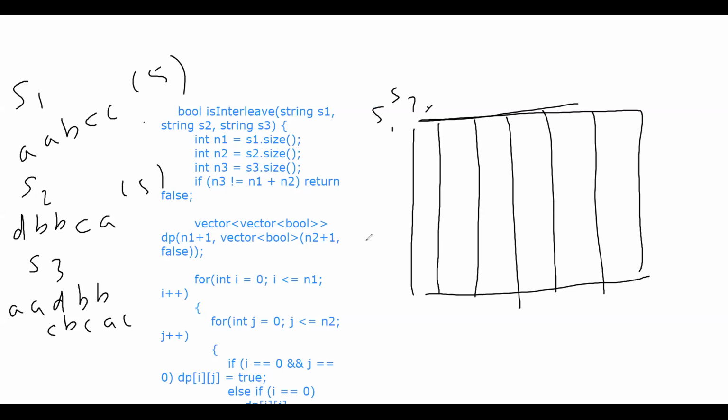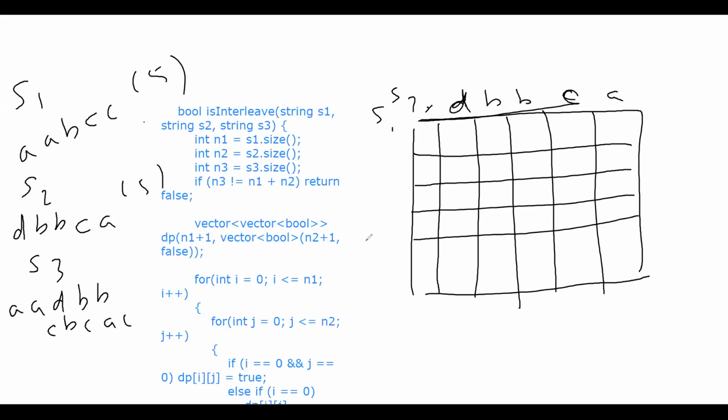And S2 will start from here: D, B, B, C, A. And for S1, this is my extra, then 1, 2, 3, 4, 5: A, B, C, C. And this will be true. This is my base case. And then when I'm going from S2 to S1, I'm actually looking for S3 also.